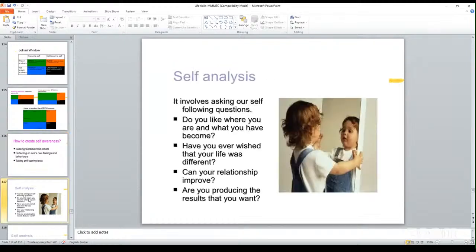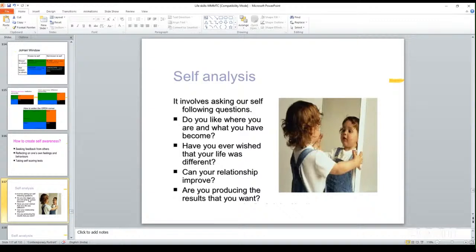And how do you do the self-analysis? Please ask these questions. Now you are in the teacher position, or if you are a married person, do you like where you are and what you have become? I'm not going to answer this question for you, but you can answer it by yourself. Do you like where you are and what you have become?